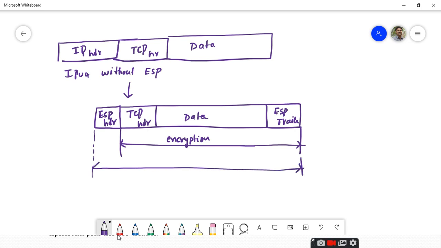This particular diagram is very important for explanation of the tunnel mode and the transport mode. We didn't enter into the tunnel mode, we are just going through the transport mode. So here you will be adding the authentication, and whatever information you get is added as the authentication trailer or ESP authentication trailer.